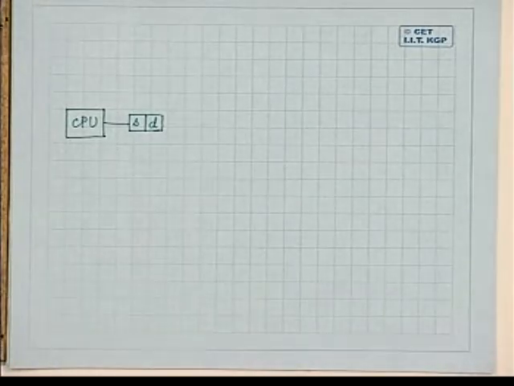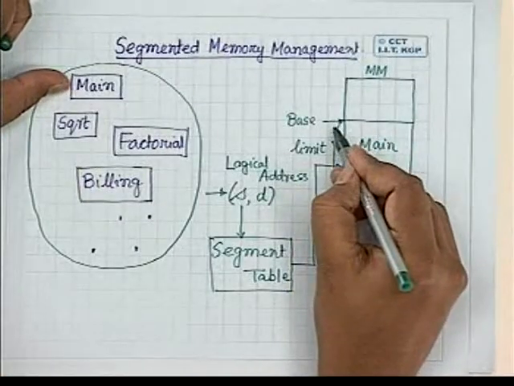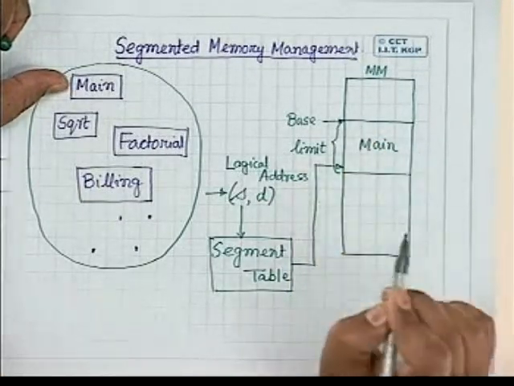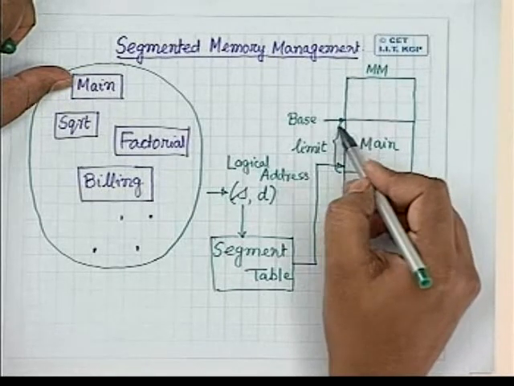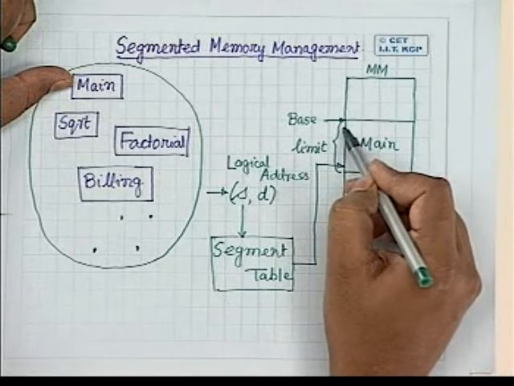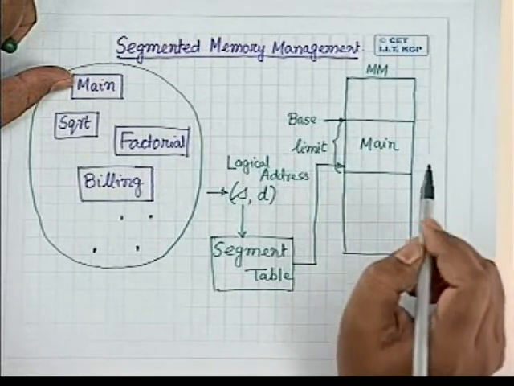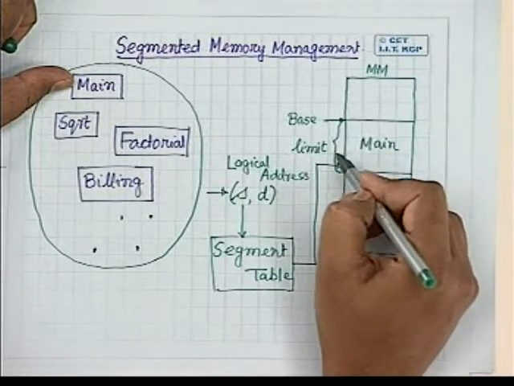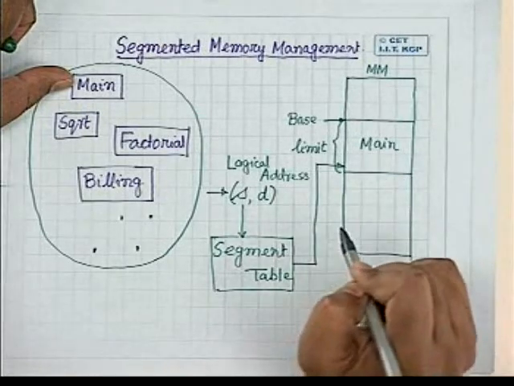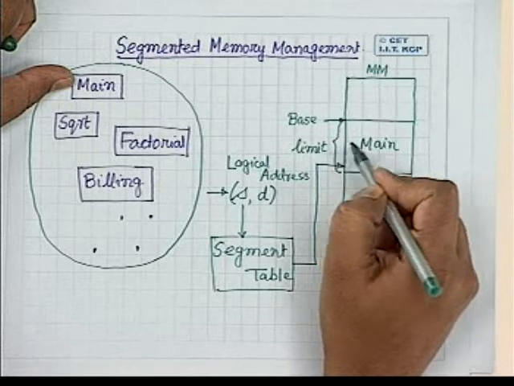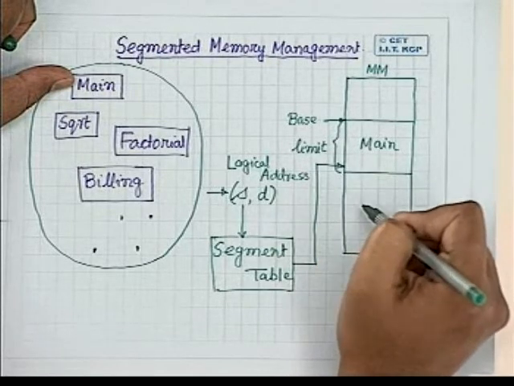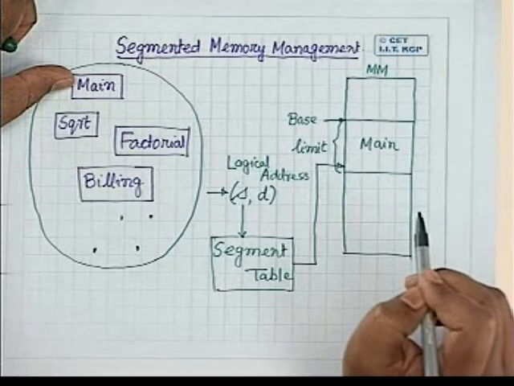And as I said, for every segment, I will have a base address and a limit when the segment is loaded in the main memory. And it is quite obvious that the offset within the segment cannot exceed the limit. Because if the offset generated by the CPU exceeds the maximum limit, then obviously this function is trying to access some segment which does not belong to it.